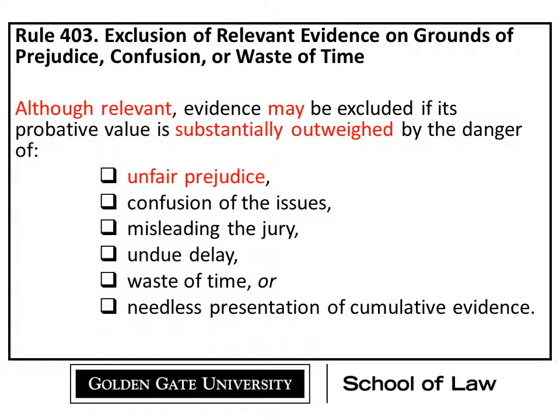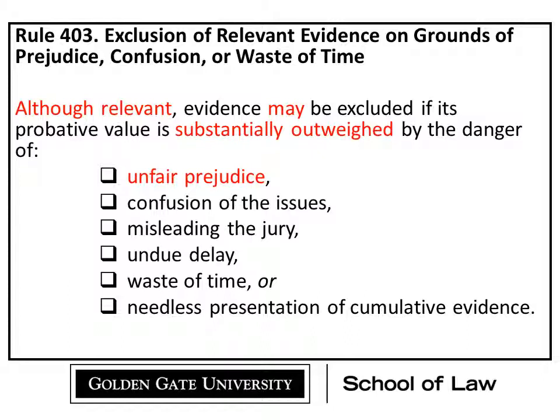And I put in red unfair prejudice. Unfair prejudice is the number one use that attorneys make of this rule waiting for trial. So the unfair prejudice must substantially outweigh, must be the thing that far outweighs that probative value of the evidence for the judge to exercise their discretion and keep it out.